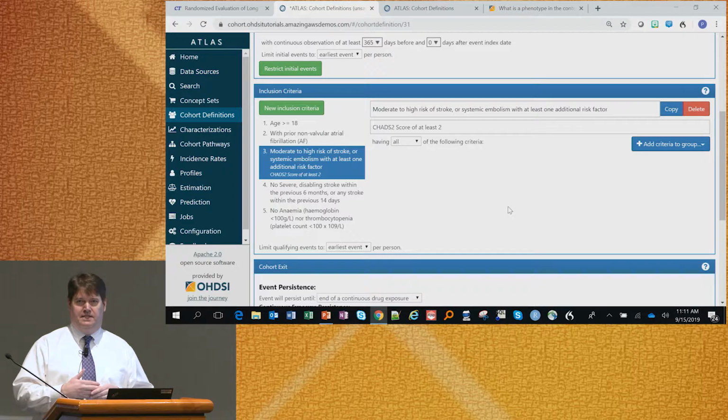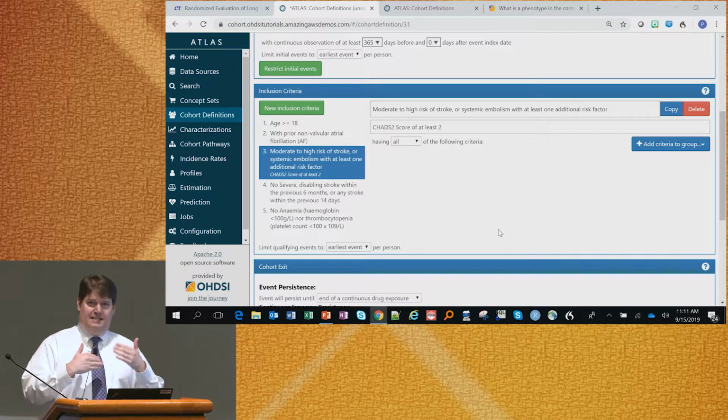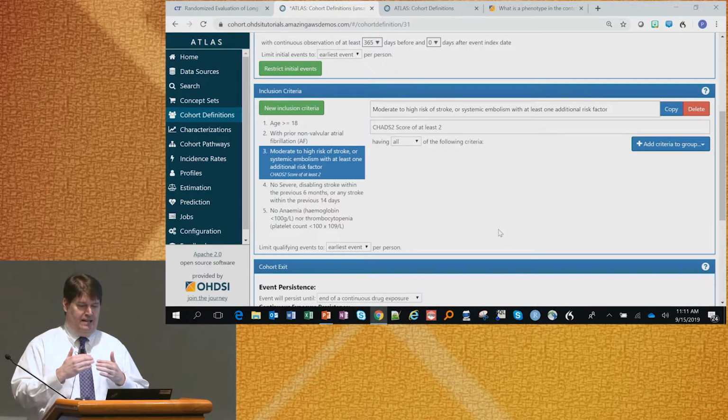If you're greater than 65 with one of these other conditions, 65 is a point, and these other conditions are a second point. If you've had prior stroke, you get automatically a 2. So I'll pull out each element of these CHAD characteristics and show you how I would do it.